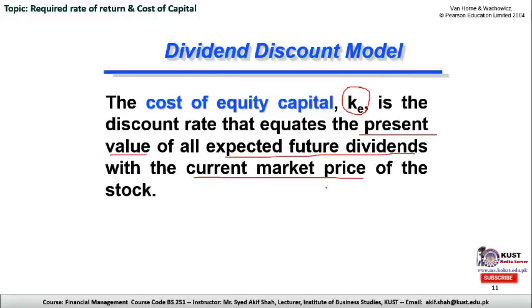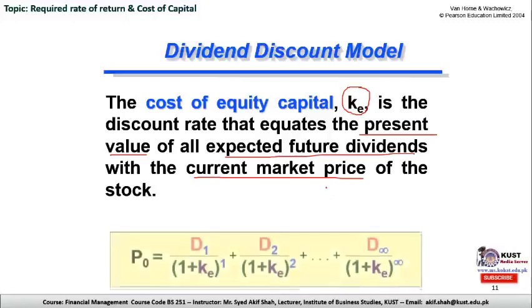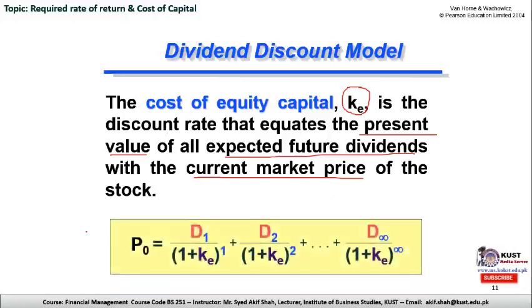So let me explain with the help of the mathematical formula. This definition is basically saying that KE, the cost of equity, is a particular rate which we have also studied as the yield to maturity, or the IRR, in the valuation chapter of long-term securities.